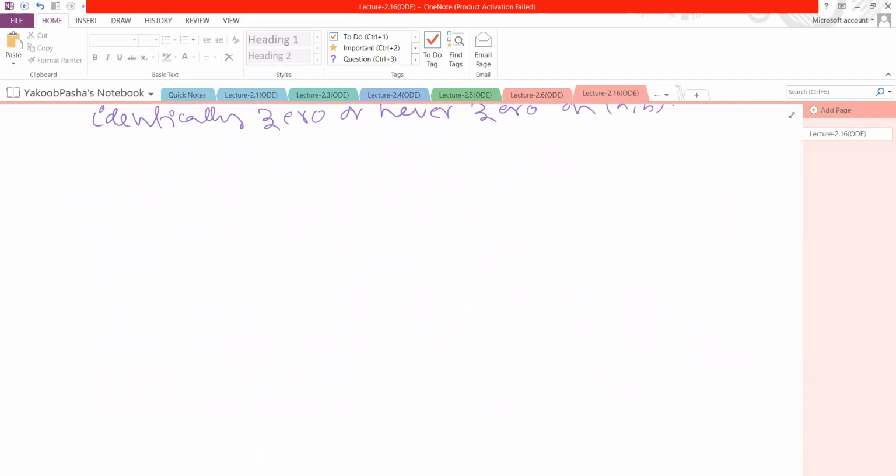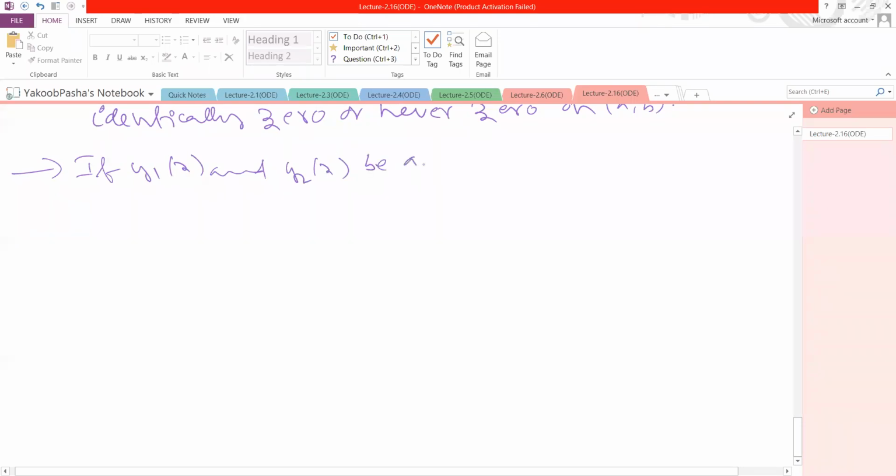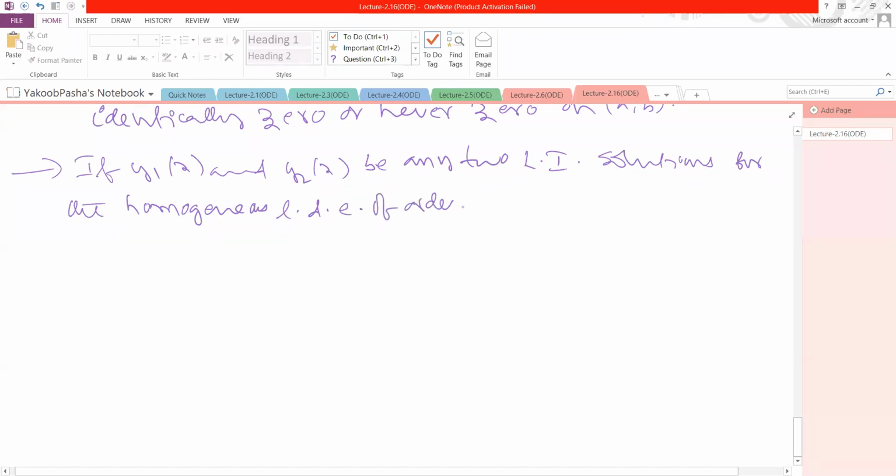Now I'm taking, if the two solutions are linearly independent, for example y1, y2. If y1 of x and y2 of x be any two linearly independent solutions for the homogeneous linear differential equation of order n, homogeneous linear differential equation of order 2, second order homogeneous linear equation.